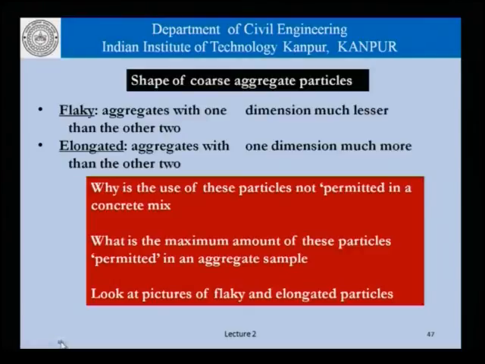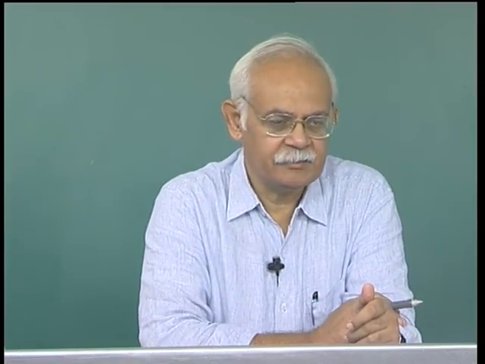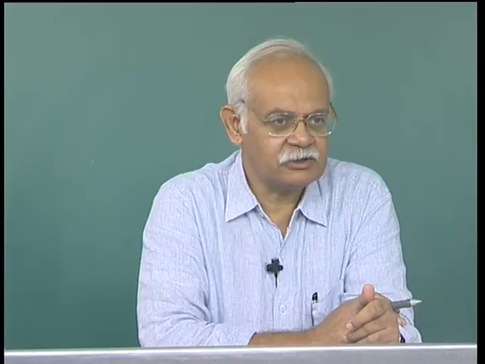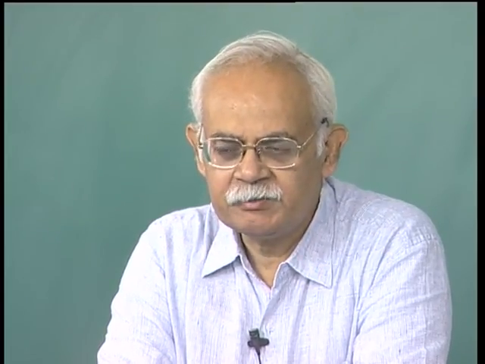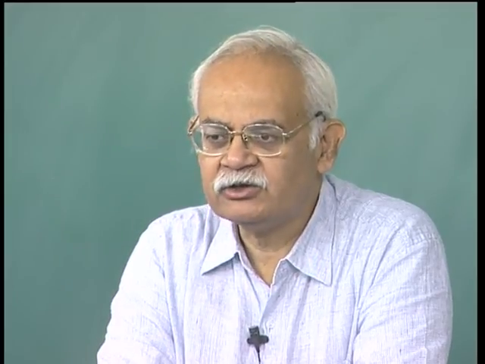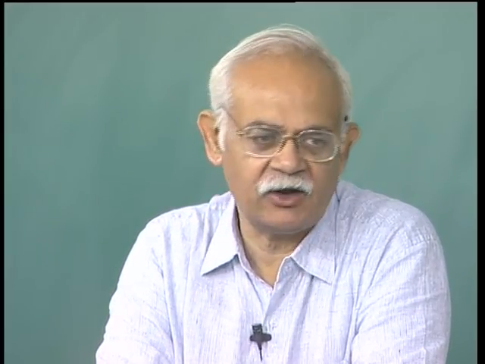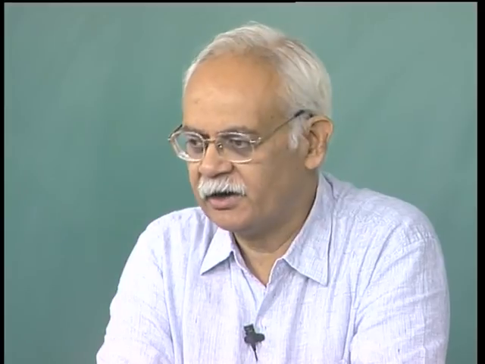And I would also encourage you to look at pictures or look at the aggregates themselves in terms of their flakiness and elongated nature. We must remember that aggregates are naturally occurring material, and it is not possible for us as civil engineers to simply say that we will not use aggregate samples which have elongated particles or flaky particles.